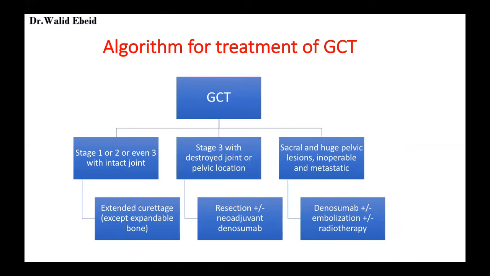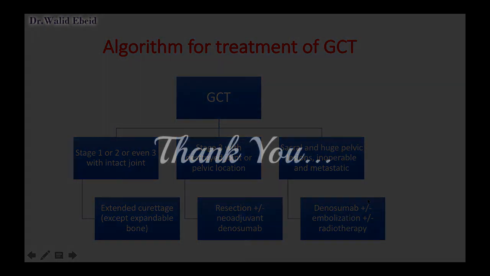We could use denosumab as a neoadjuvant to make resection easier. In sacral lesions and huge pelvic lesions that are inoperable, where operation carries a high morbidity, and in metastatic giant cell tumor, we use denosumab plus or minus embolization and plus or minus radiotherapy, depending on how it responds to denosumab. Thank you very much for listening and waiting for your comments.